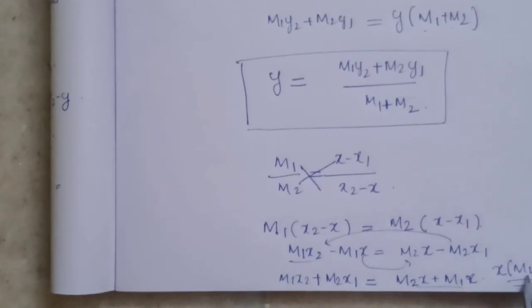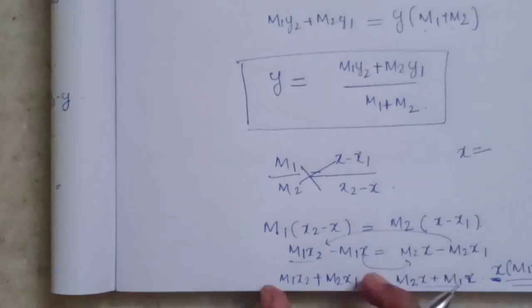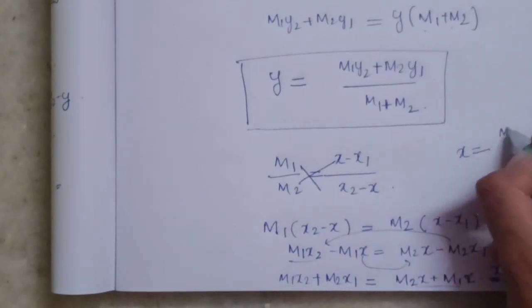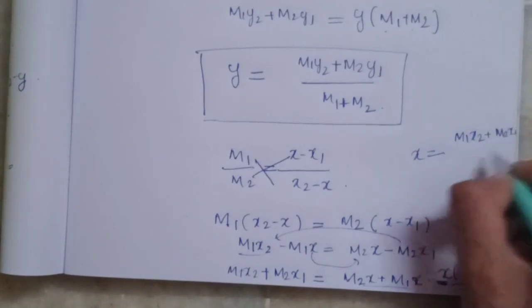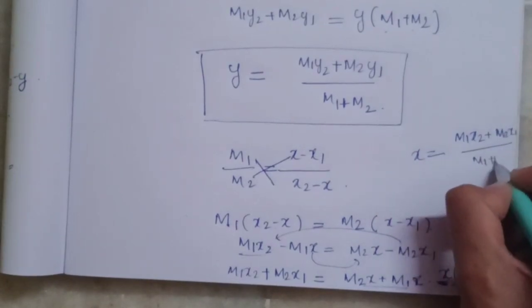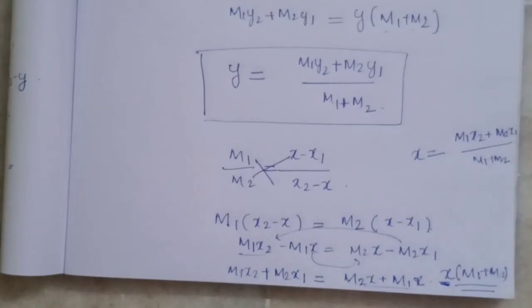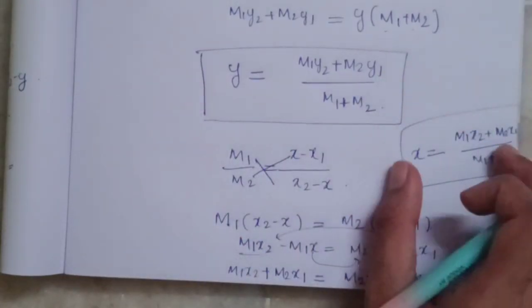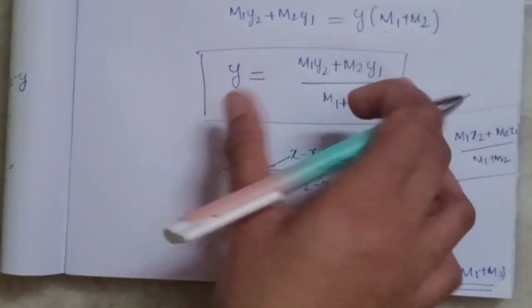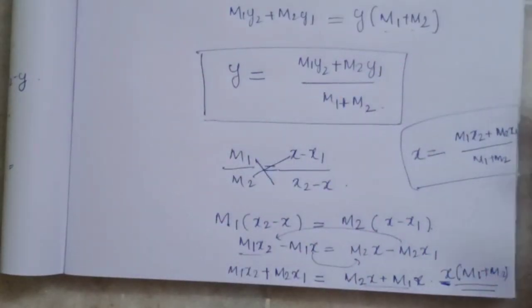Now we need x, so x is equal to this term m1 x2 plus m2 x1 by m1 plus m2, right? So we have got the x coordinate and we have got the y coordinate. So these are the coordinates of our point.